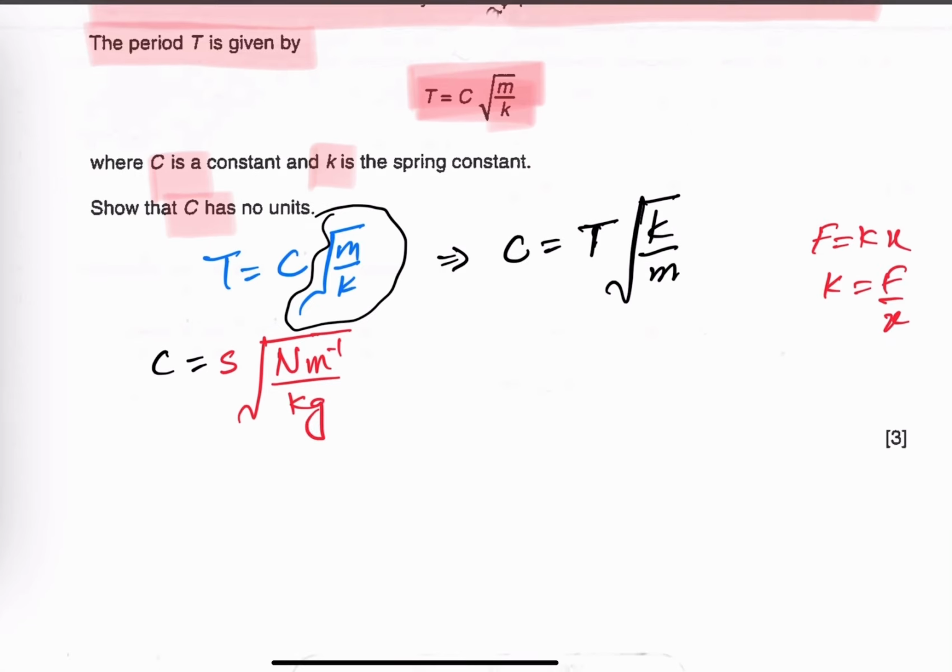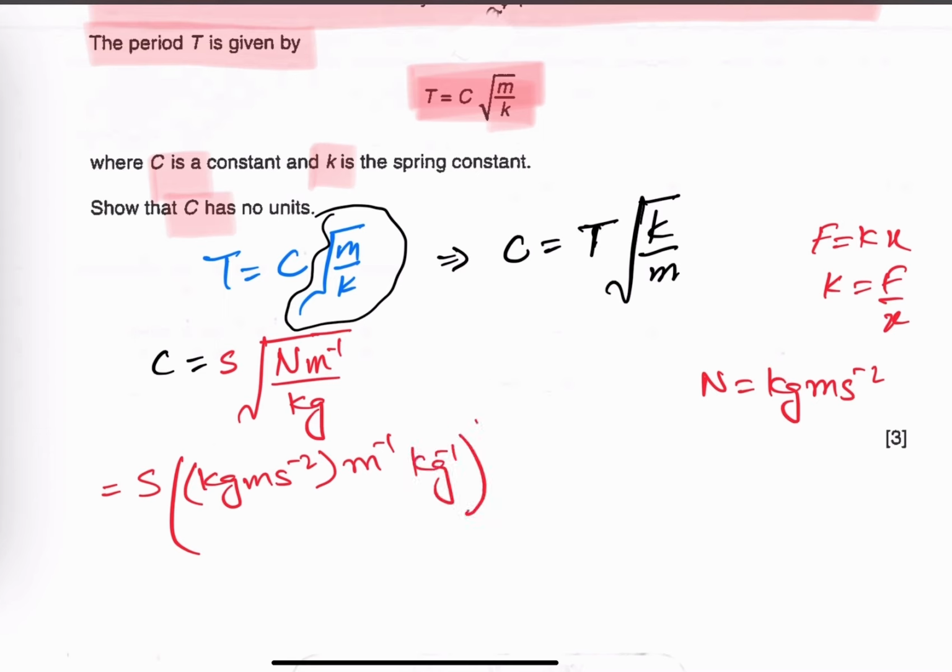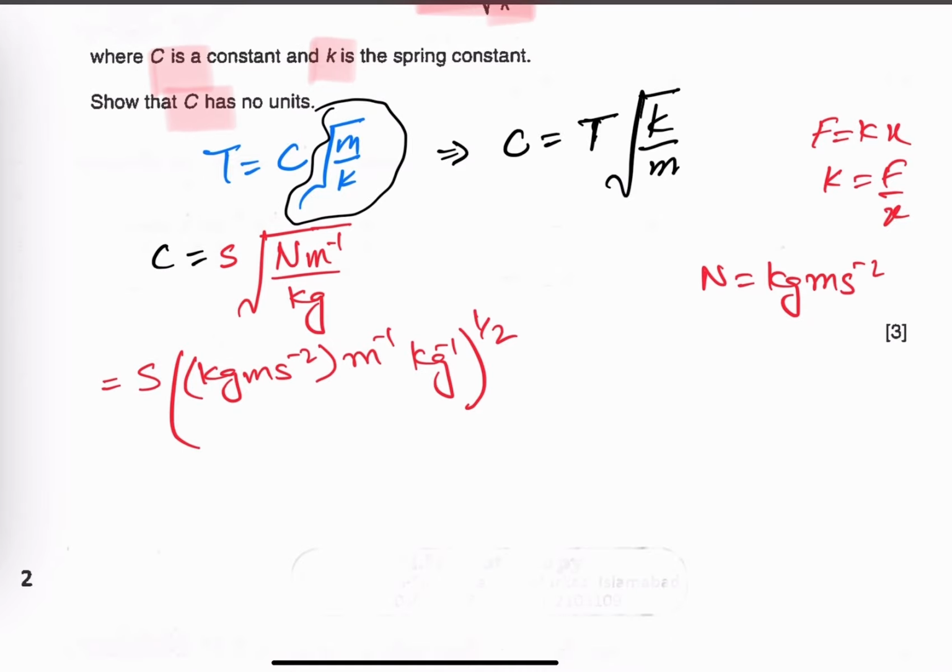Newton is force, kg meter per second square. So it is kg meter per second square for the Newton, and already there is a meter, and this kg can be written as kg to the power minus 1, whole power 1 by 2.